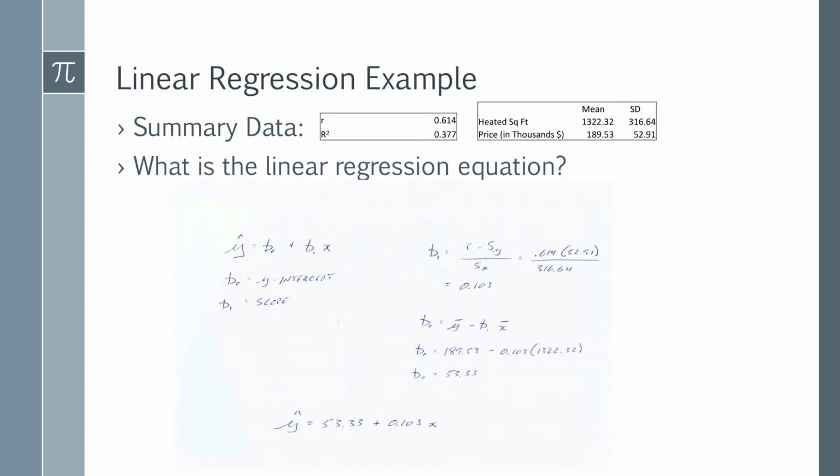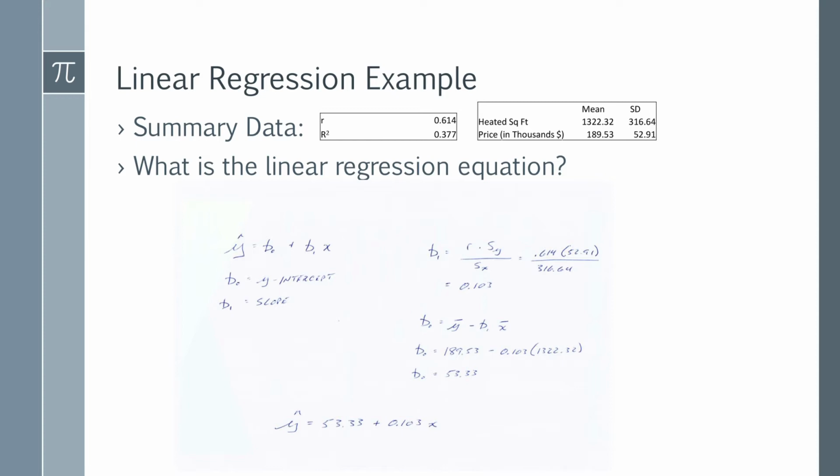Now let's solve for the y-intercept. My b naught is equal to the mean of my y's minus my slope times the mean of my x's. Once again, I just go back up to my summary data at the top, and the mean for my y's is 189.53 minus my slope times the mean for my x's, 1,322.32.